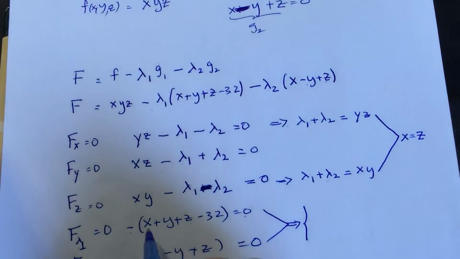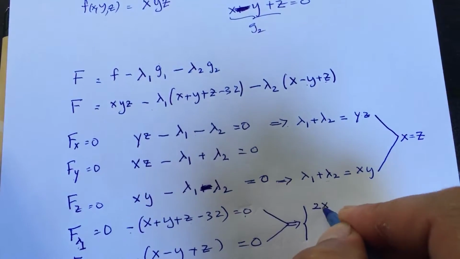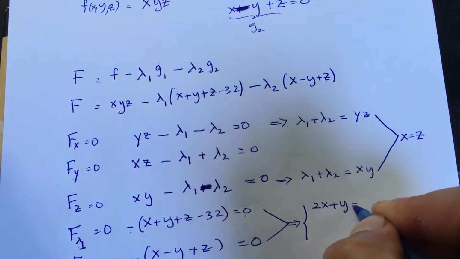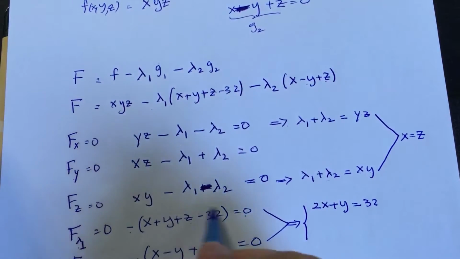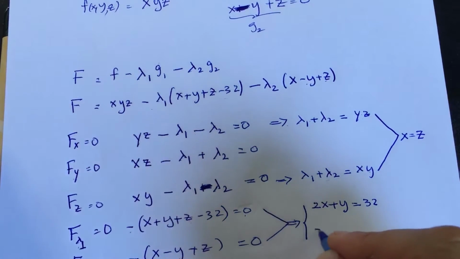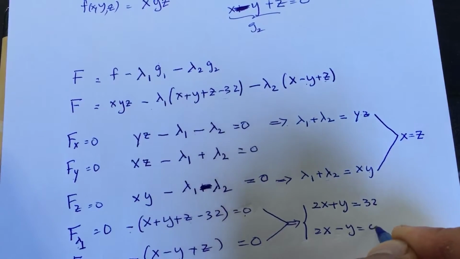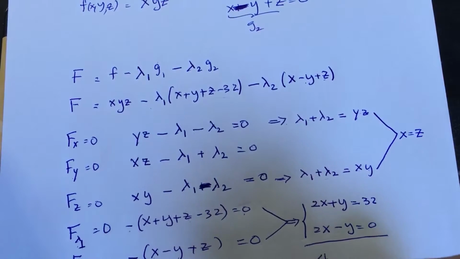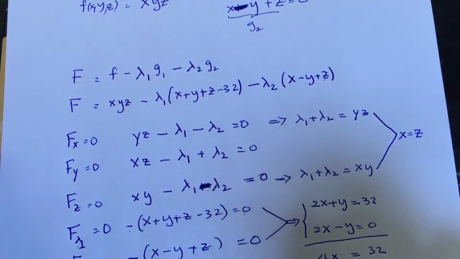That means x plus z is the same as 2x, so 2x plus y must equal 32. And at the bottom, since x and z are the same, 2x minus y is also equal to 0. I can add these together and I have 4x must equal 32. That means x must equal 8. If x equals 8, that also implies z must equal 8.